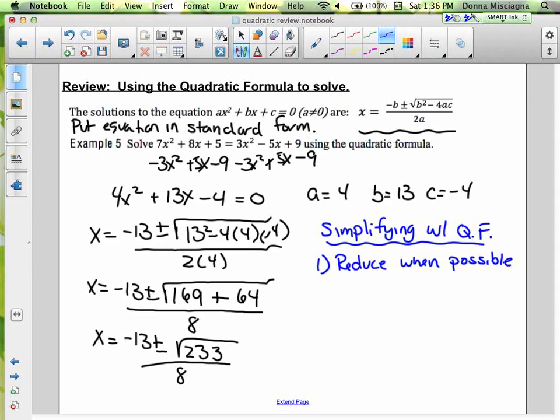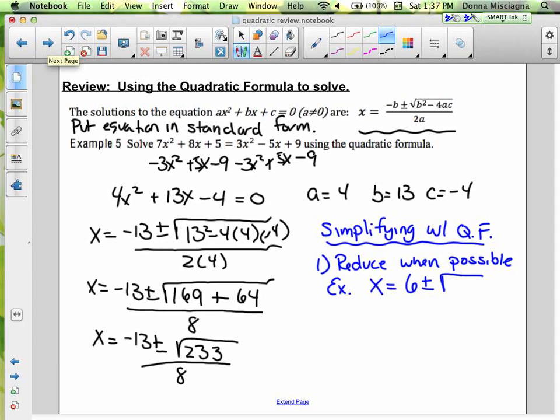So I'm not going to change this sentence again. You can put that in your notes. All right. So for instance, if I have x equals 6 plus or minus the square root of, let me make sure I get something I can simplify, but not a perfect square.